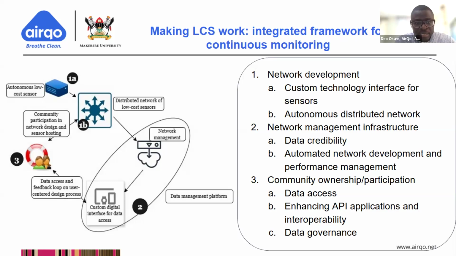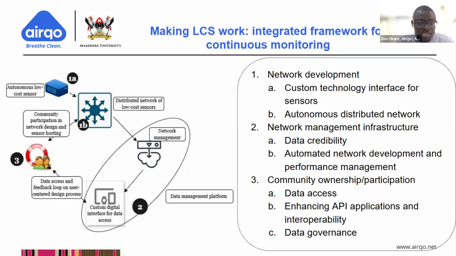So on the one hand, you have how we can effectively manage the network and look at all the key network performance indicators, but on the other hand, also making this data available, and most importantly, community ownership, and that is community participation.